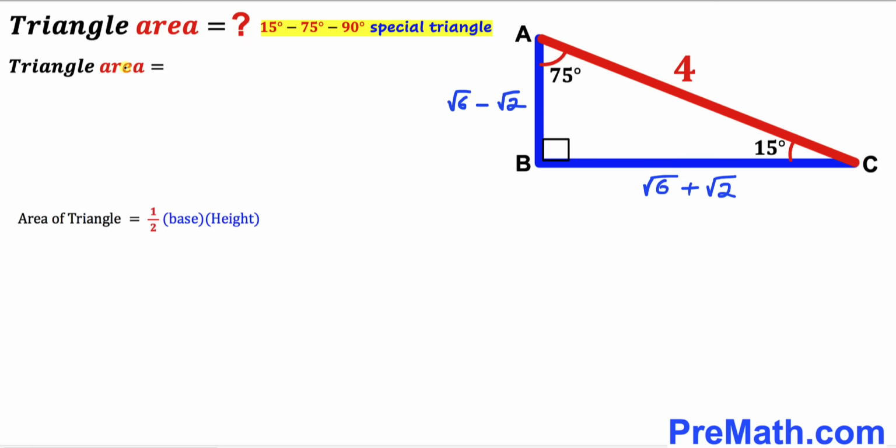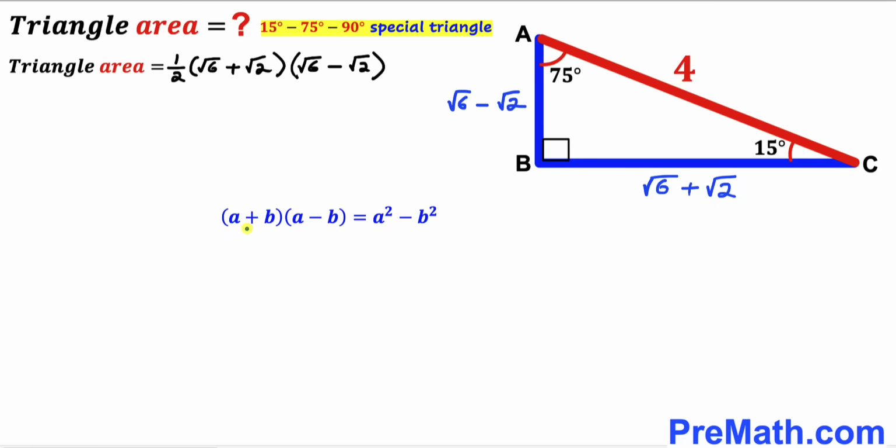So the area of this triangle ABC is going to be a half times our base, square root of 6 plus square root of 2, times the height, square root of 6 minus square root of 2. Now let's recall another famous identity: a plus b times a minus b equals a square minus b square. In other words, the product of the sum and the difference is always equal to the difference of their squares. We are going to apply this identity on these two factors.